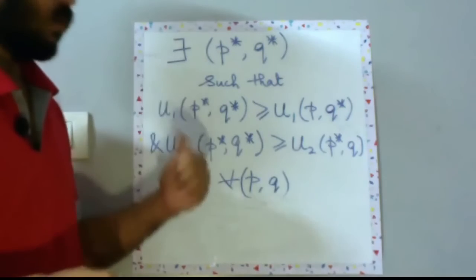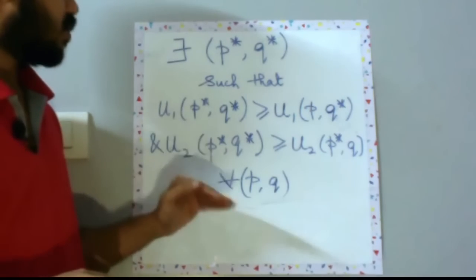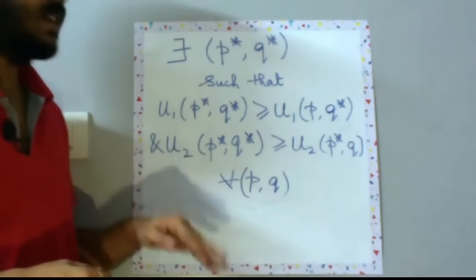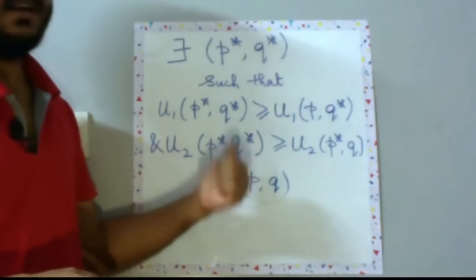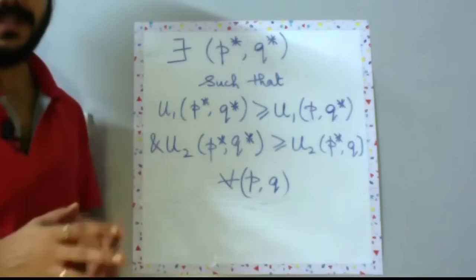And also player 2 cannot improve his utility by changing his probability from q star to any q that is permissible.